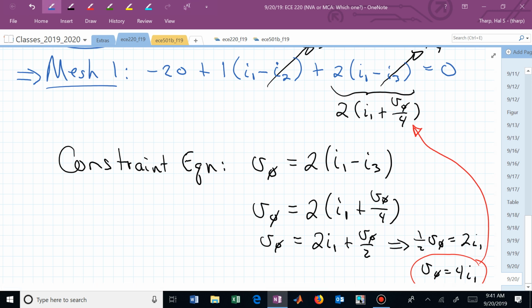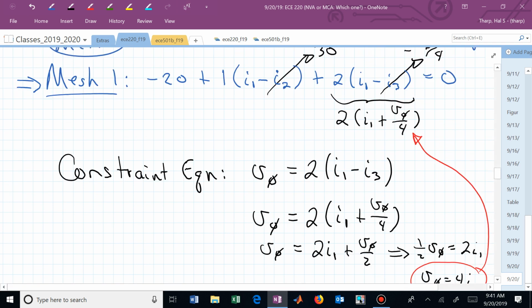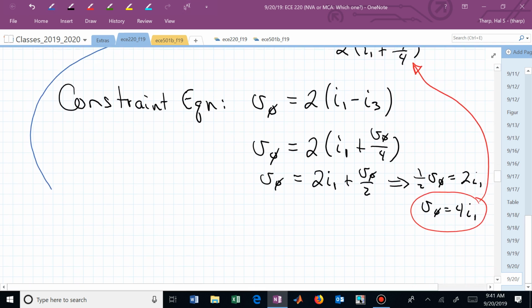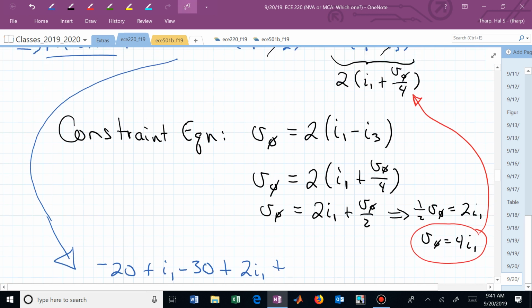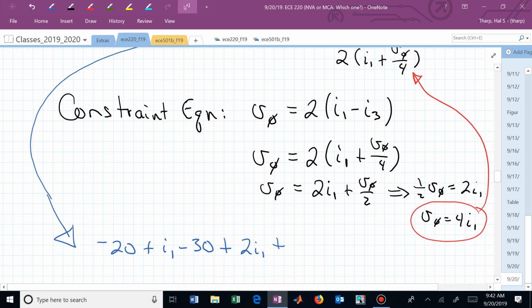Or we can rewrite the mesh 1 equation to end up giving us minus 20 plus I1 minus 30 plus 2I1 plus another 2I1 when we substitute or get rid of V sub phi with 4I sub 1.